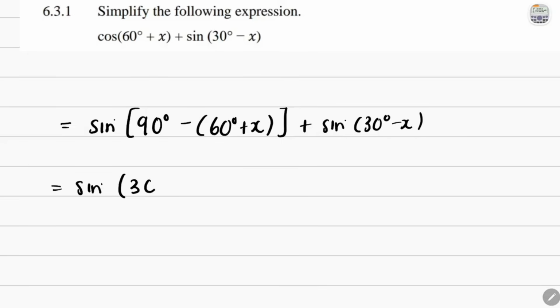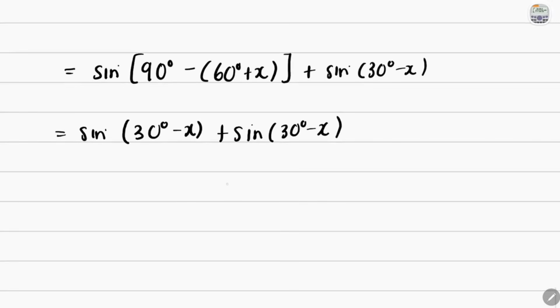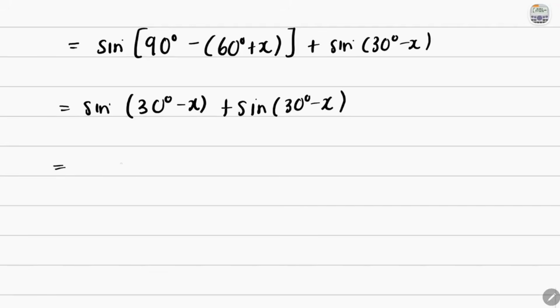So this becomes sine 30 degrees minus x. And you see how it is identical to the second term. Because they're exactly the same, if you had sine x plus sine x, it just gives you 2 sine x. This is the like term. So we add those together, and they give us 2 sine 30 degrees minus x.